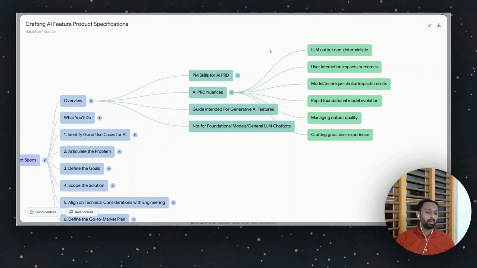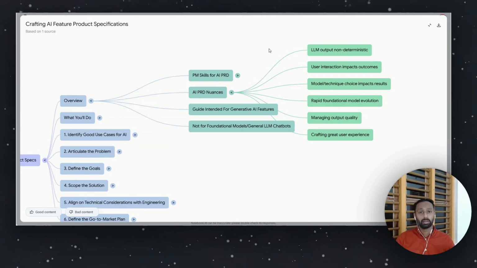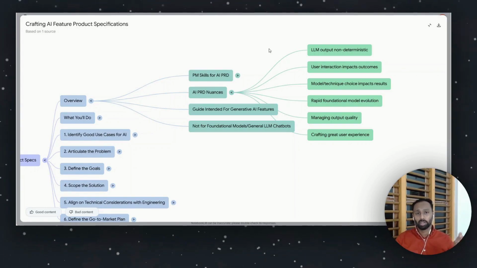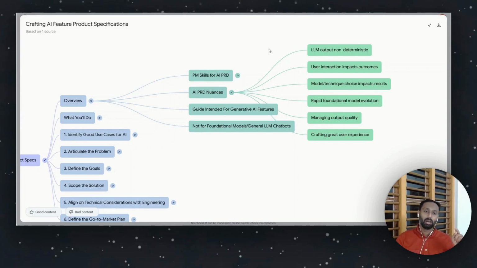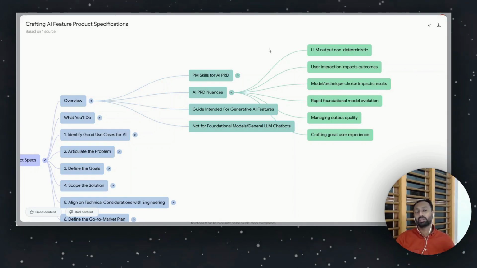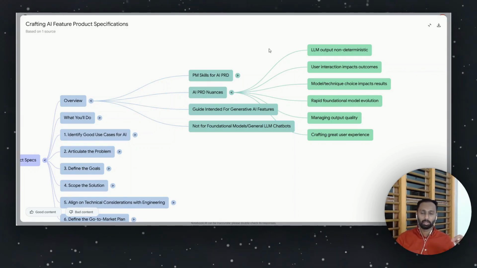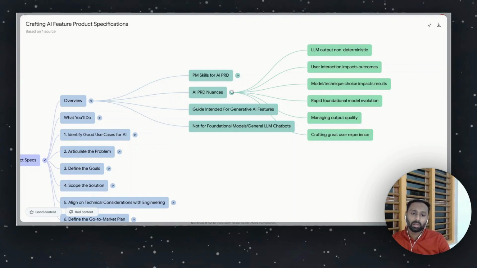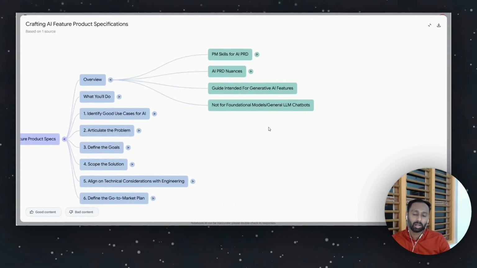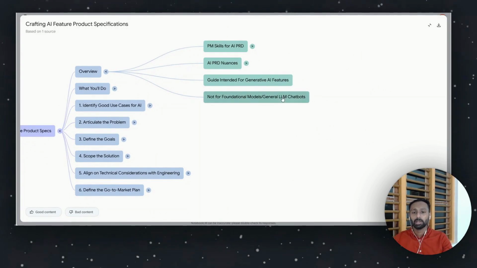Managing output quality and crafting a great user experience are very important. As I said, based on how the inputs are given, the outputs will widely vary, so you need to be able to control that. These are some of the nuances that you need to keep in mind.